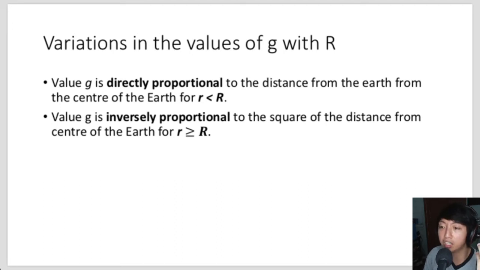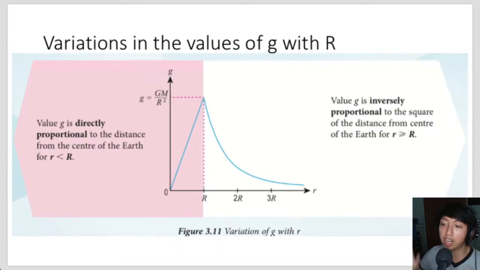But basically, if we were to take a look at the graph, it's like this. When small r equals capital letter R, meaning to say an object is on the surface of the planet Earth, that is the maximum. That is where the acceleration is highest, right?